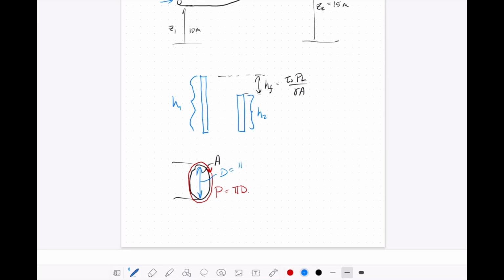And the diameter is here, so our area is pi d squared over 4. So new answer, 0.03103.